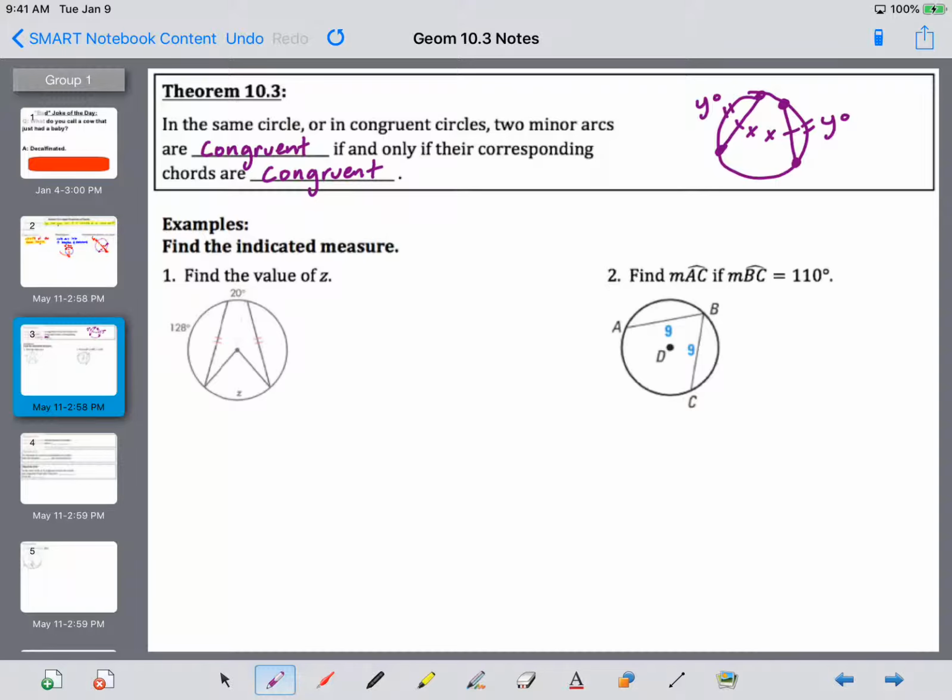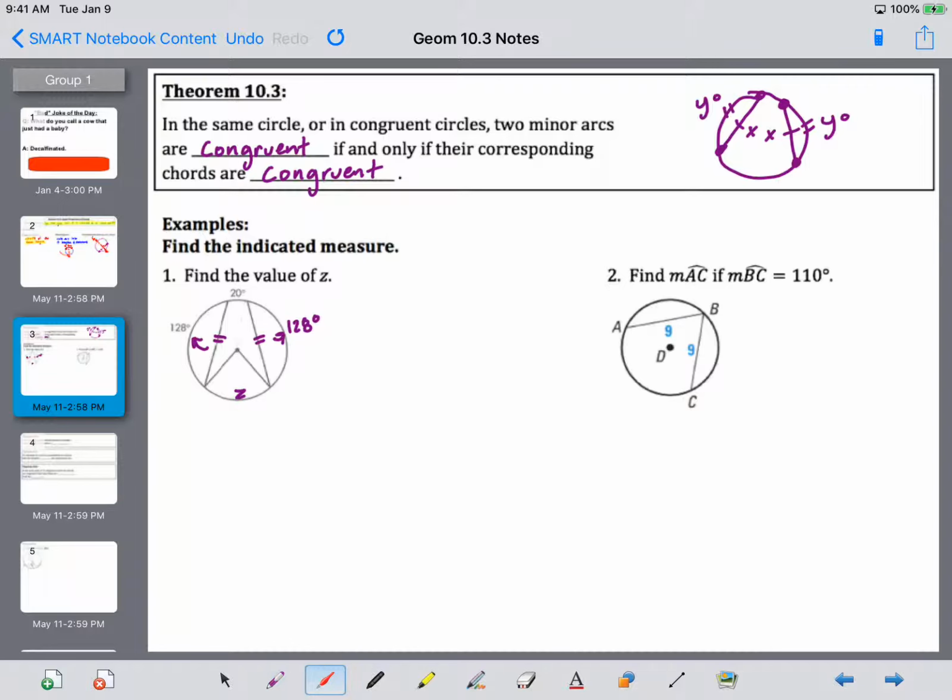All right, so what that looks like when we start to solve problems is that, notice I have two tick marks here and two tick marks here. So if this is 128 degrees across from that chord, this also has to be 128 degrees here. So now the only piece that we don't know is z.